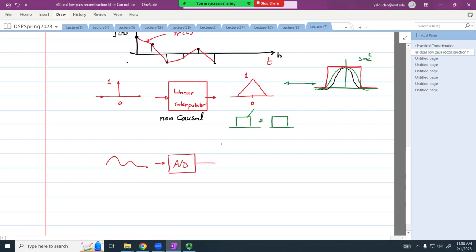So now, if you like, this is a computer here. We're going to design an IIR filter, FIR filter. Then we're going to take this signal and we're going to convert it back to an analog signal. Does that make sense? So this is what we're trying to do.